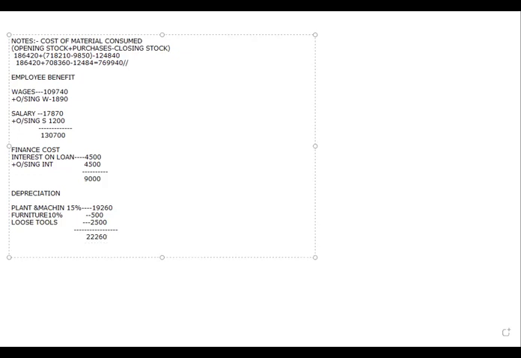And the last is other expenses. In other expenses, usually all other things we are going to take. So first is manufacturing expenses 24,150.